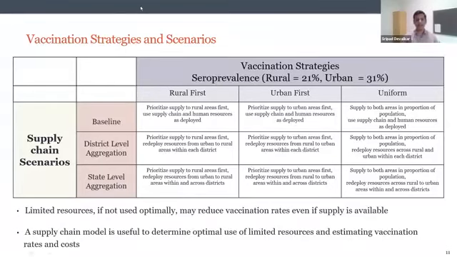Let's take the example of a rural first strategy or a low seroprevalence first strategy. Implementing such a strategy would mean that, when you have limited supply, you would first direct that supply to rural areas, and only after the target population in the rural areas has been vaccinated would that supply be used to vaccinate the urban or high seroprevalence populations.